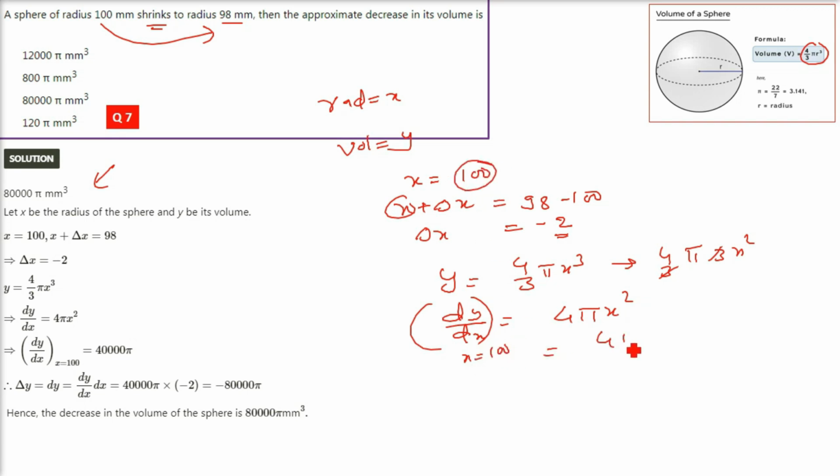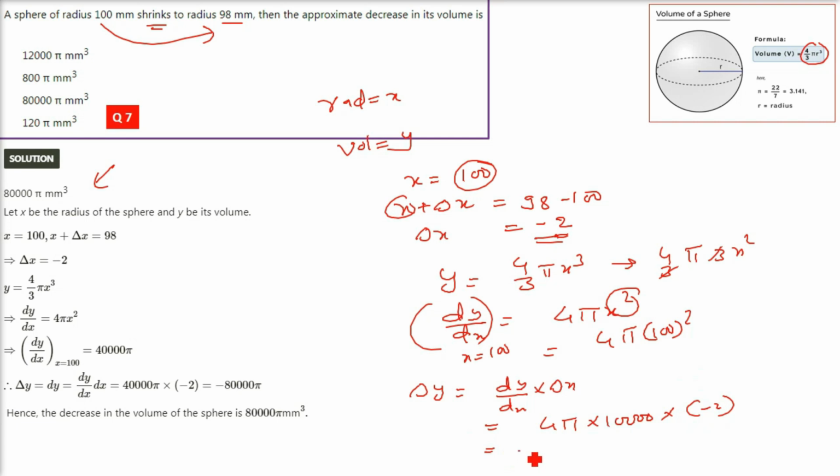So 4 pi into 100 square, which is 4 pi into 10 to the power of 4. Delta y is dy by dx into delta x, which is 4 pi into 10 to the power of 4 times -2, so you get minus 80000 pi, and this is millimeter cube.